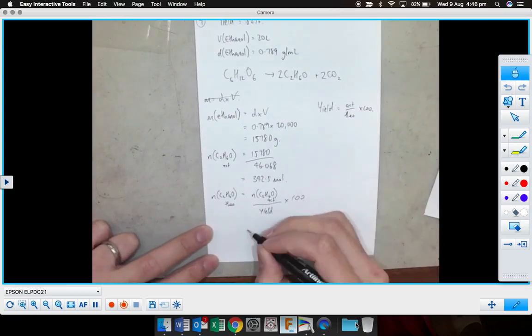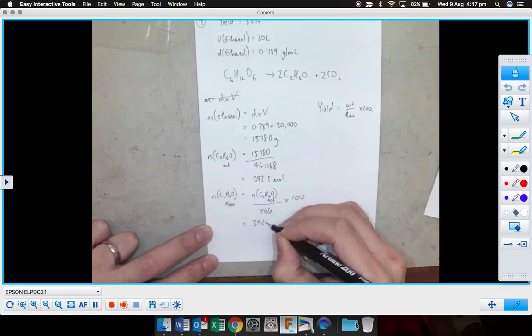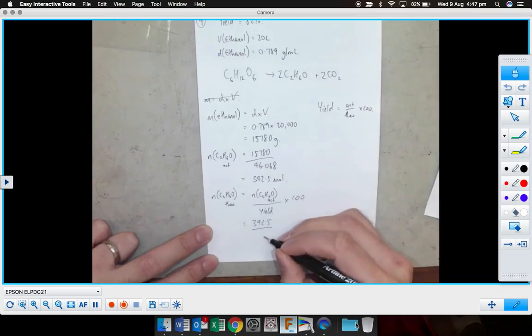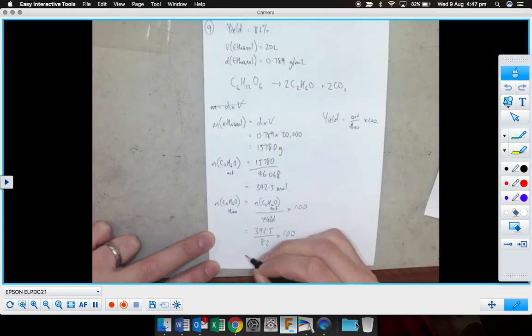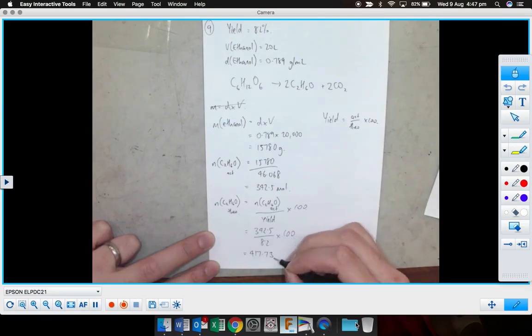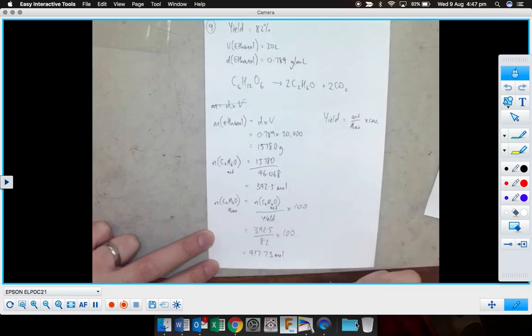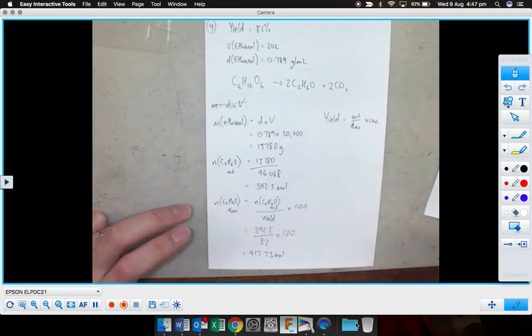Okay, so 342.5 over, what is the yield? 82% times 100, which happens to be 417.73 moles.